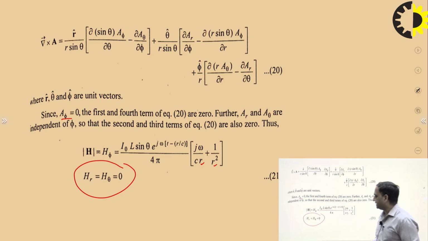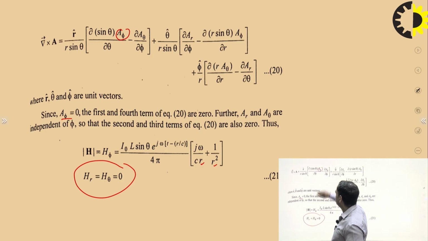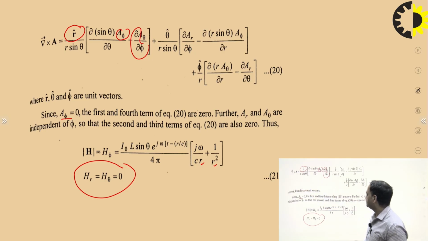So HR and H theta. We can see here that A phi is 0 and del upon del phi is 0. So it means the HR will be 0, right? Here as well we can see that del upon del phi and A phi both are 0, right?